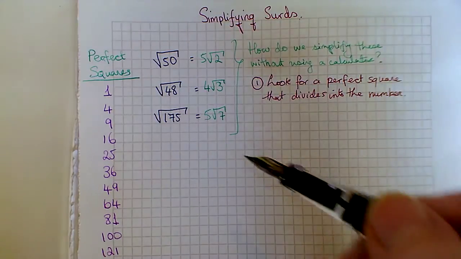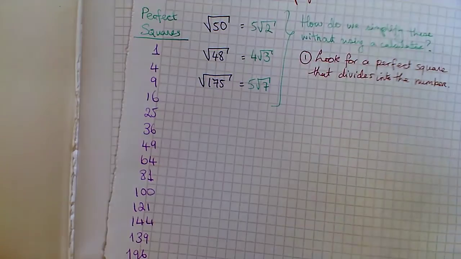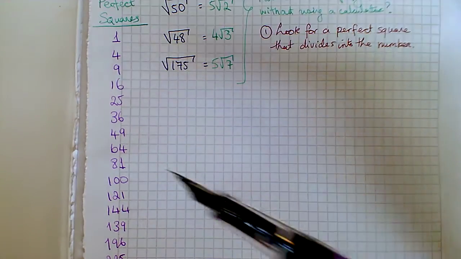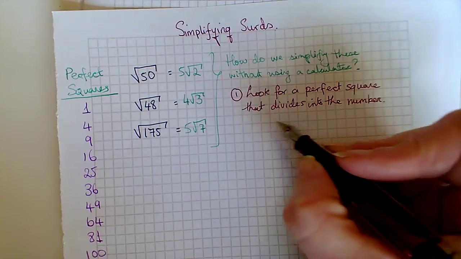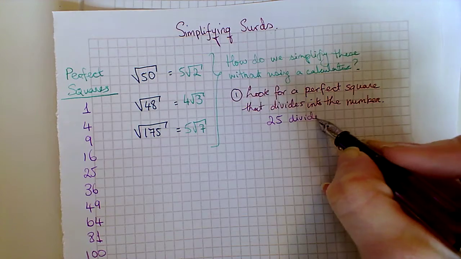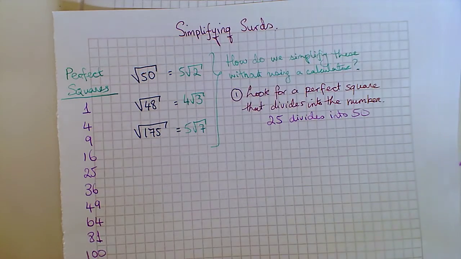In the case of 50, do any of these numbers divide in? They must. It doesn't simplify unless one of them divides in. So hopefully you can see that 25 divides into 50. What do we do with that?